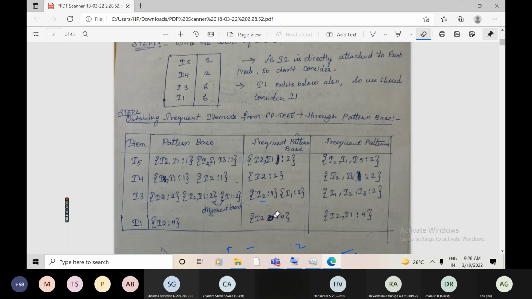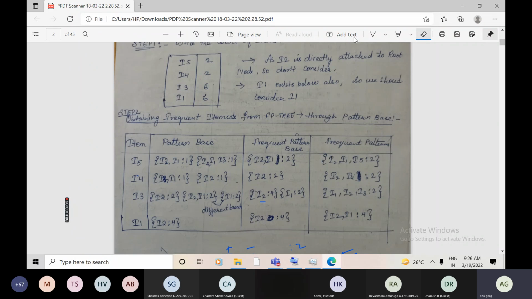I have a question for the table. If you go to I3, you have written I2, I1 separately, and then I1, I2 with a different branch. I missed it. Can you explain again? Yes, so everywhere we are trying to find the common items and writing them here.